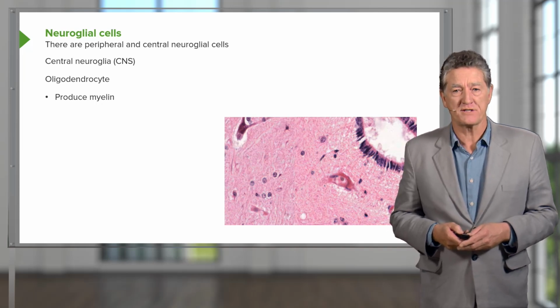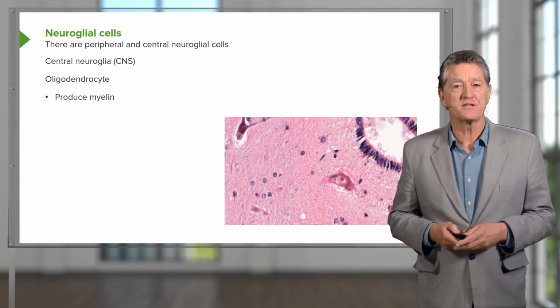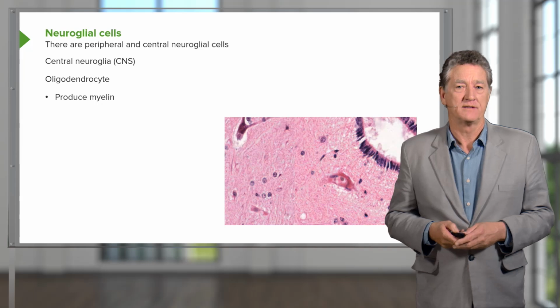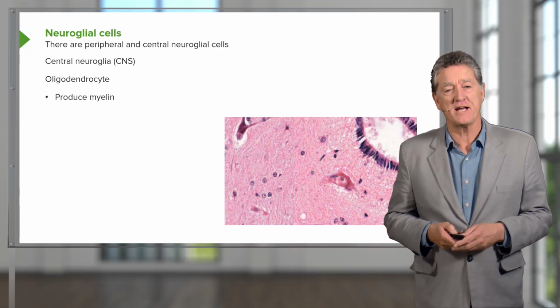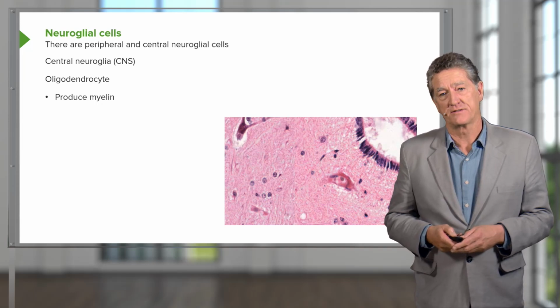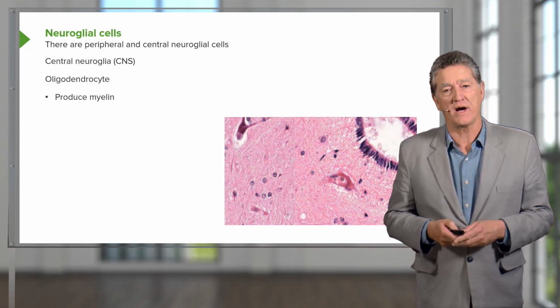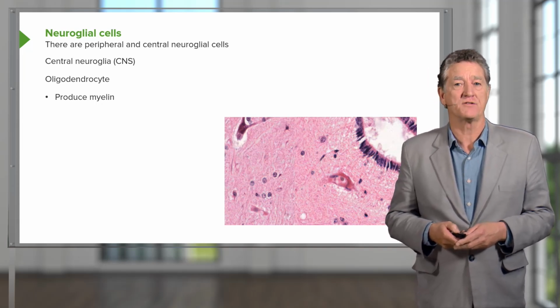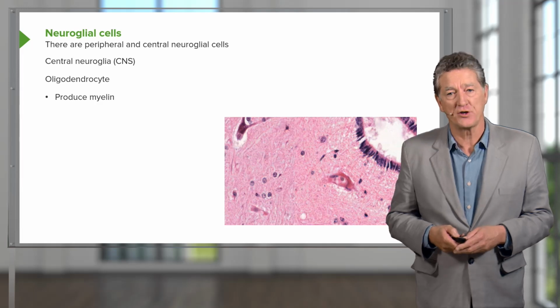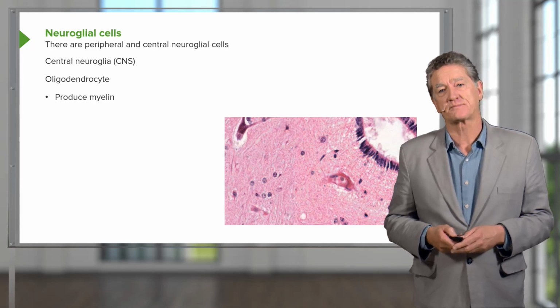But have a look at the rest of the tissue. You can see some nuclei, and they look different. They're a different shape, and they're a different size. And this is the best way of identifying the different glial cells, based on the shape of the nuclei and their size.